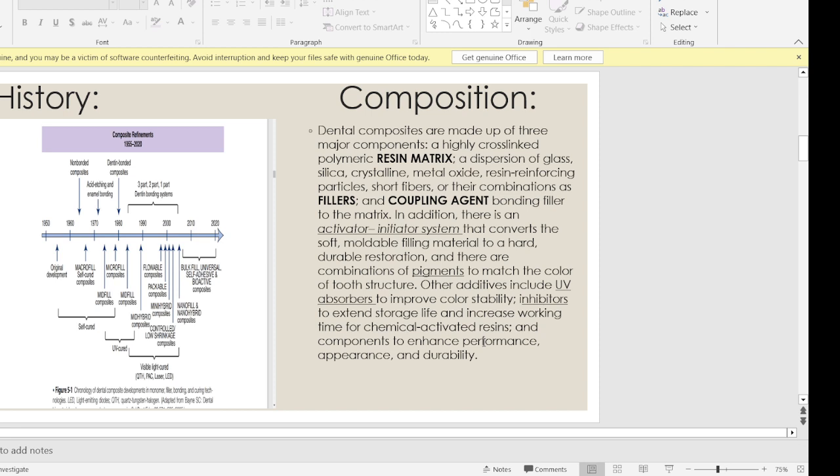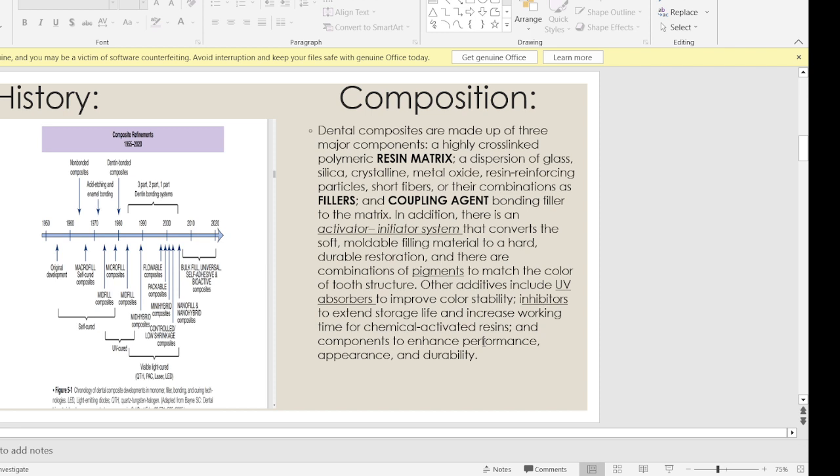Then in 1970, the acid etching technique came to increase the bond strength, especially with the enamel. But again, the disadvantage is that it is not able to bond with the dentin.